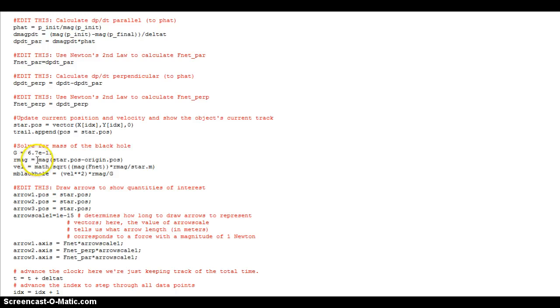Here, when we're solving for the mass of the black hole, in our equation, r, the radius of the orbit, is found by the difference of the star's initial position and the position of the black hole. Using the formula for the perpendicular component of net force, F net perpendicular equals mv squared over r, the velocity is solved for by taking the square root of the perpendicular component of the net force times the radius over the mass of the star, which we can see here.